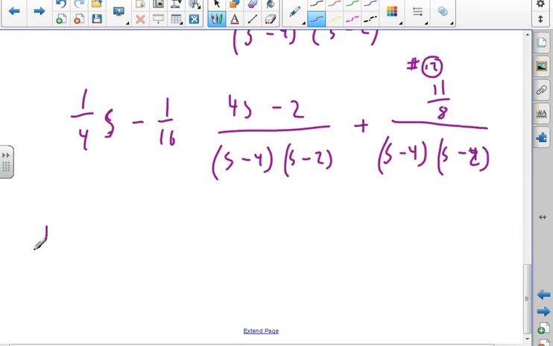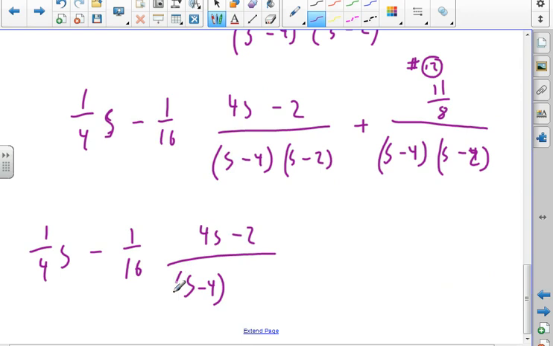All right, so I got minus 1/4 s, minus 1/16, 4s minus 2, over s minus 4, s minus 2. Okay, now I want a minus b on top, which is a 4. Did I do this one wrong?